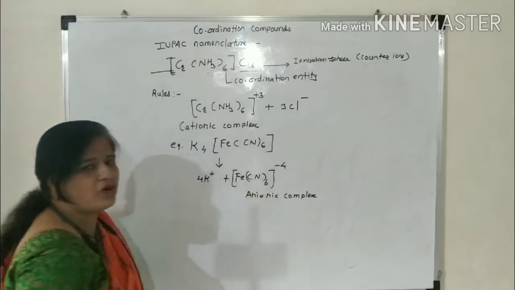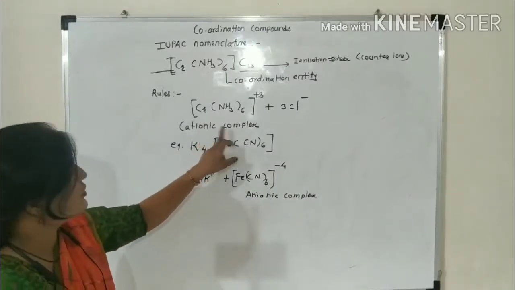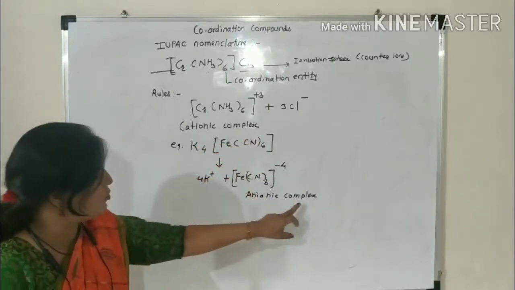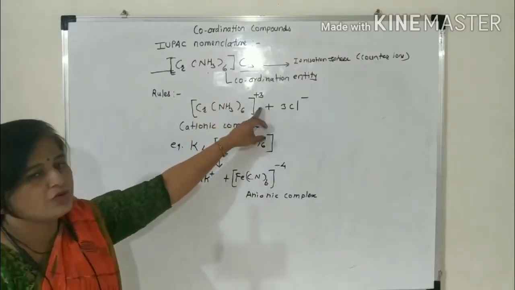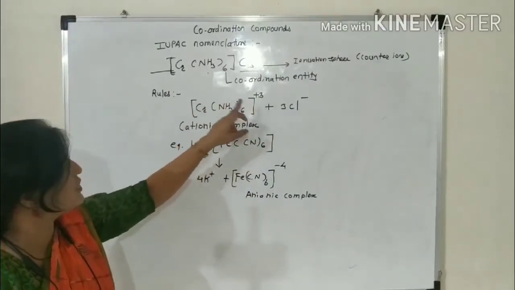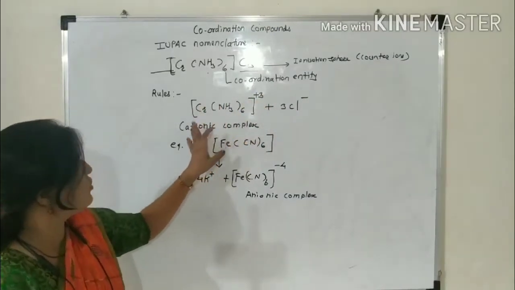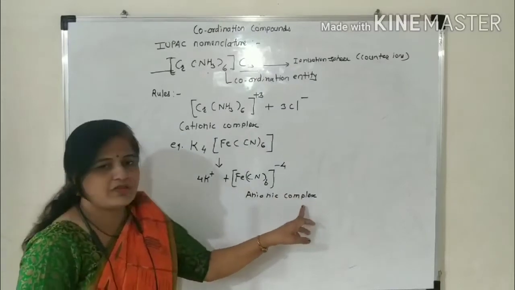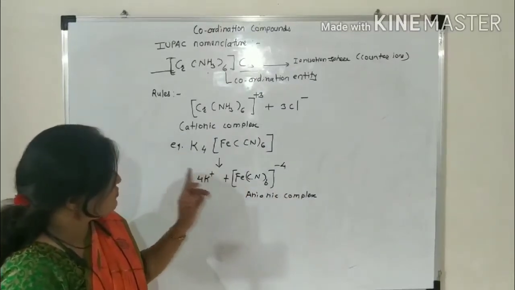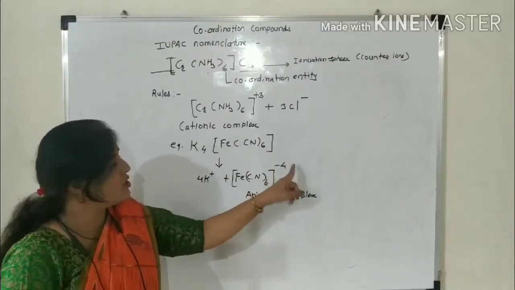In the last lecture we have seen cationic complexes and anionic complexes. Cationic complexes are those which carry positive charge, meaning the coordination sphere carries positive charge. The anionic complexes are those which carry negative charge.